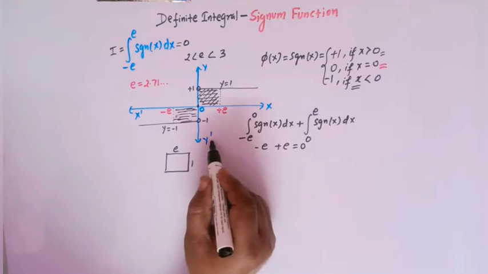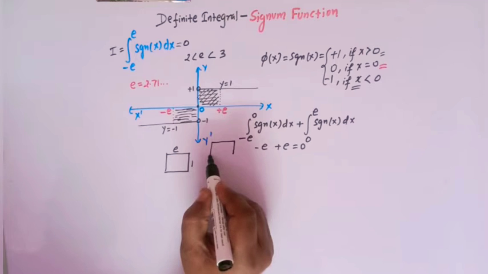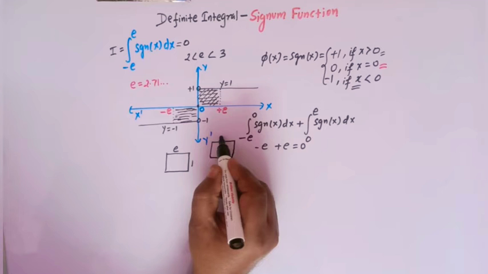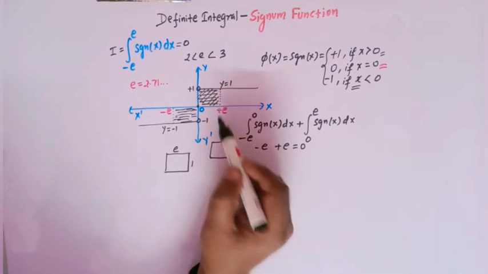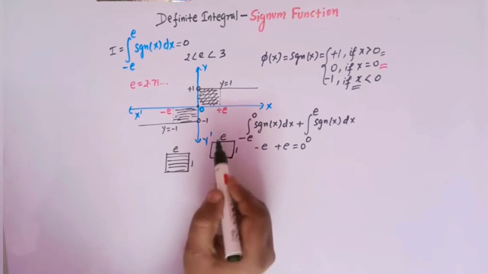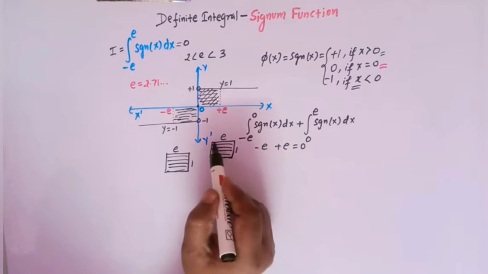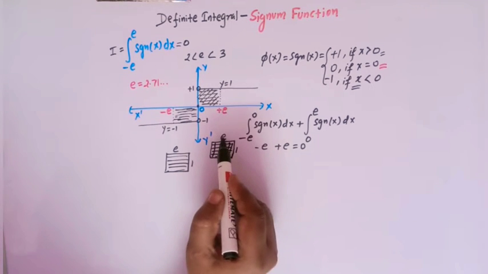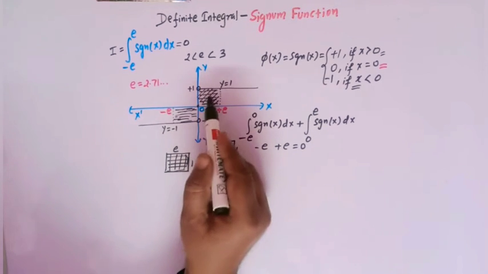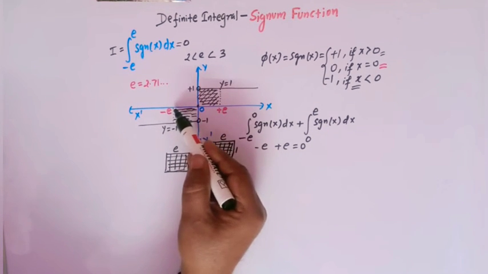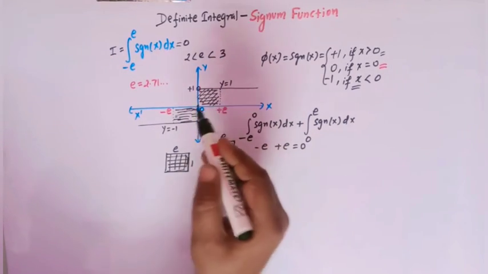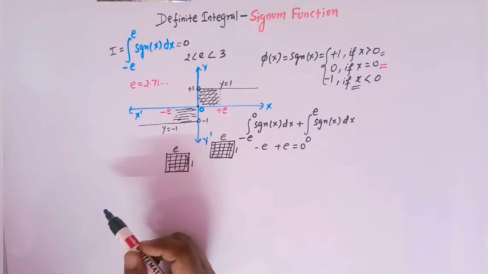So we have one more rectangle here, and the length of this rectangle is also e, and the width is also 1, right? So we have here two rectangles of length e and width 1, and one lies below the x-axis and the other lies above the x-axis, right?